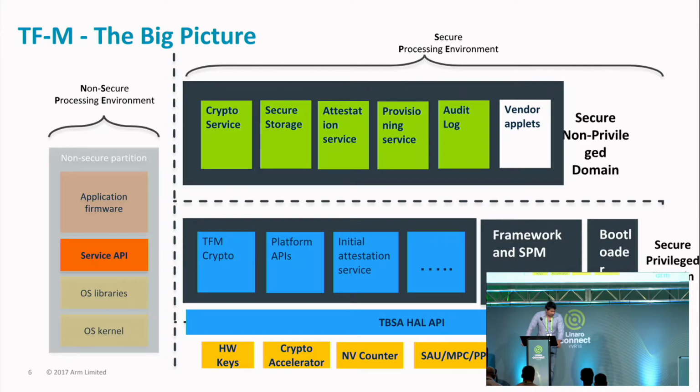The key point here is blue boxes provide services to a very limited set of entities. They are not general purpose services that can be called from rest of the system. They provide a very specific functionality, and that functionality is limited to a very limited set of entities just on the secure side.